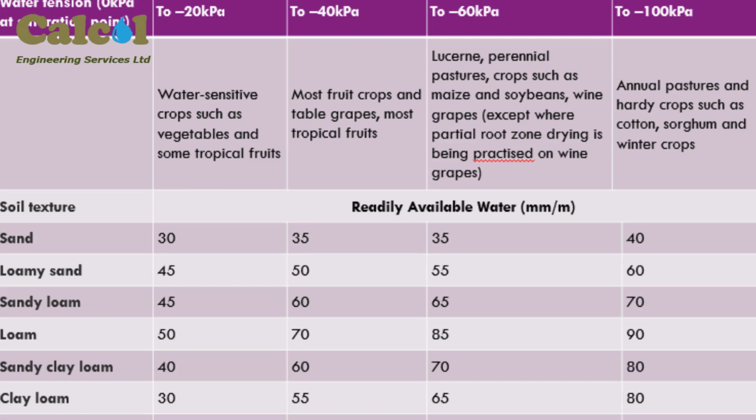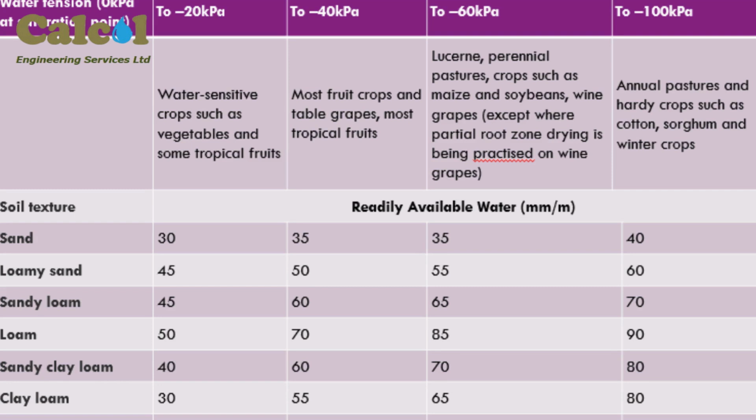Once you have identified the raw value for the soil texture, say 70 or 30 millimeters per meter, you will reduce those figures by the percentage stone and gravel in the soil.